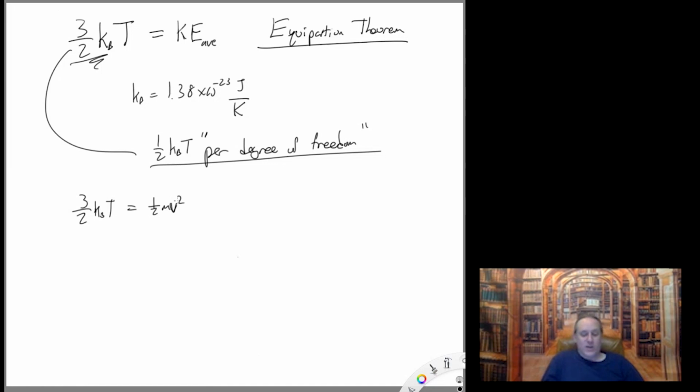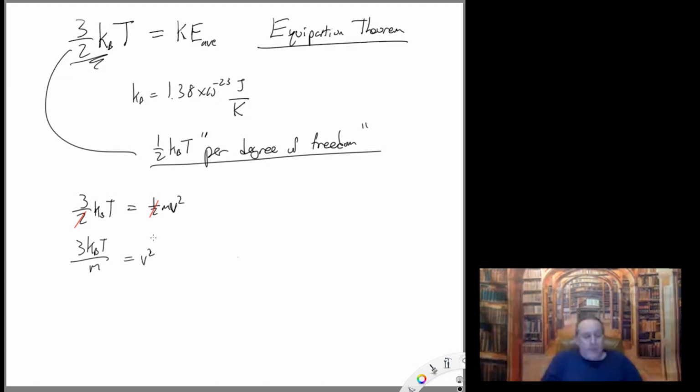Okay, we could rearrange this and try to solve for the velocity by canceling those 2's and dividing by m. We get 3 k Boltzmann T over m equals v squared.